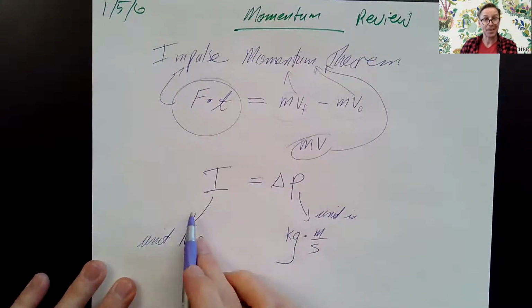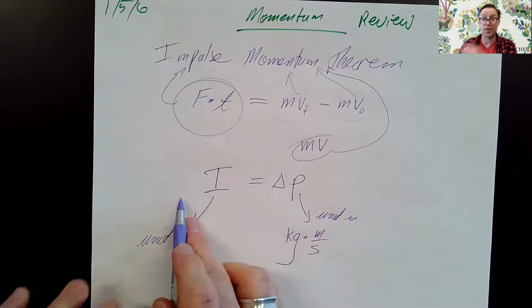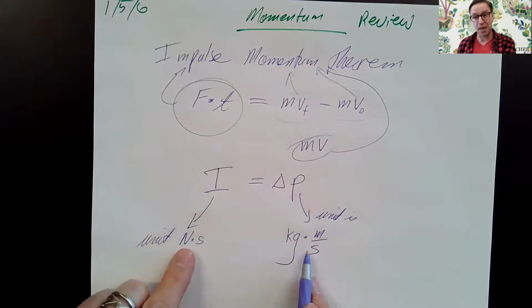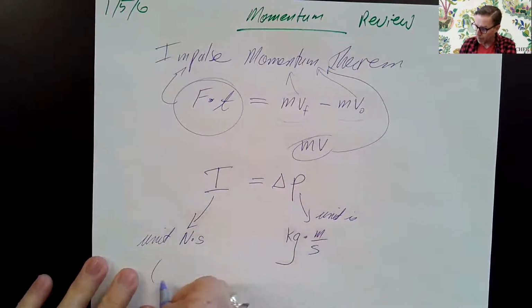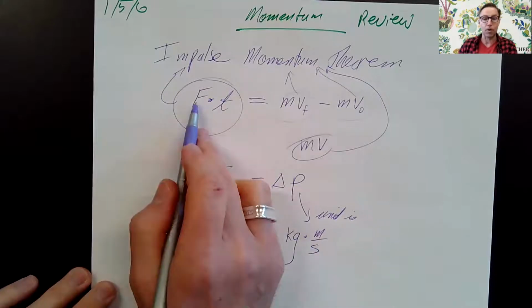But since I've got an equation here, the unit on the left should be the same as the unit on the right. These don't look the same. But if we remember what a newton is and multiply that by second, we should end up with this. A newton is the unit for force.